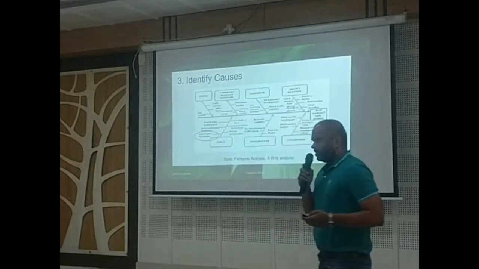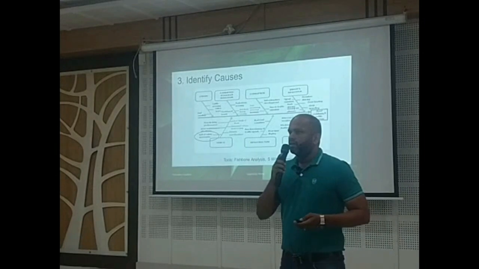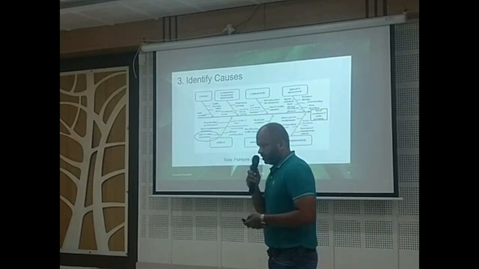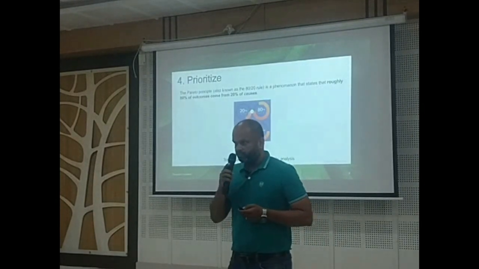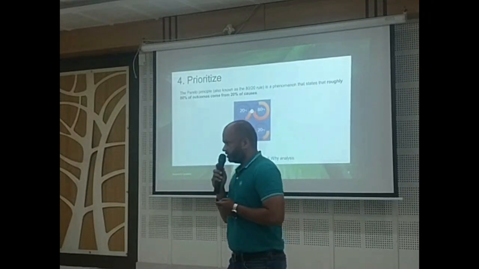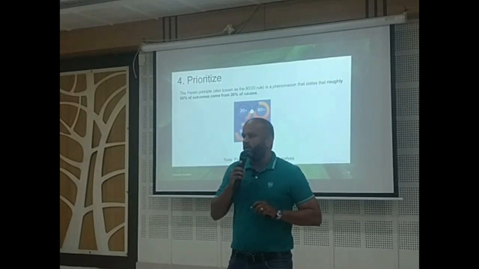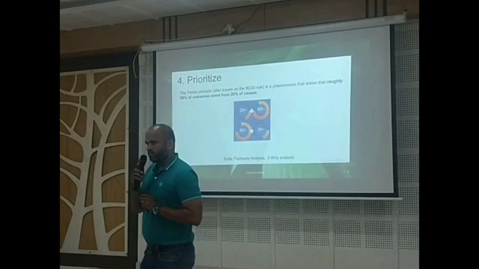Now that we have identified a lot of causes, what can we do next? We will not be able to completely work on all the causes and rectify them. So there is one principle, the 80-20 rule. It says that you put in 20% of the effort and you get 80% of the result. So you identify the top 20% of the causes, which will help us yield 80% of the results.